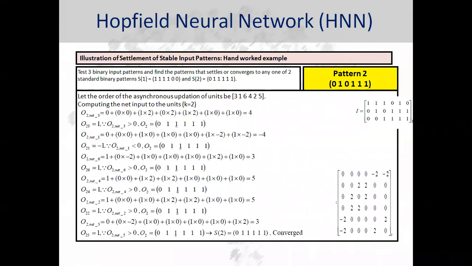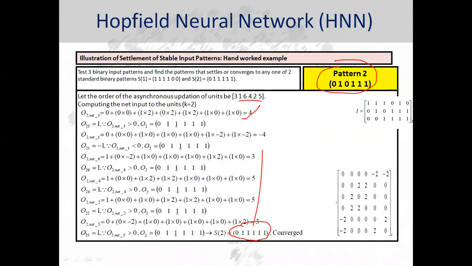Now pick up the second pattern, which is 0 1 0 and triple one. Again, pursue the same things. This was the order of activations. Find the output at the third neuron, then first, then sixth, then fourth, then fifth, and after this epoch, observe this output.